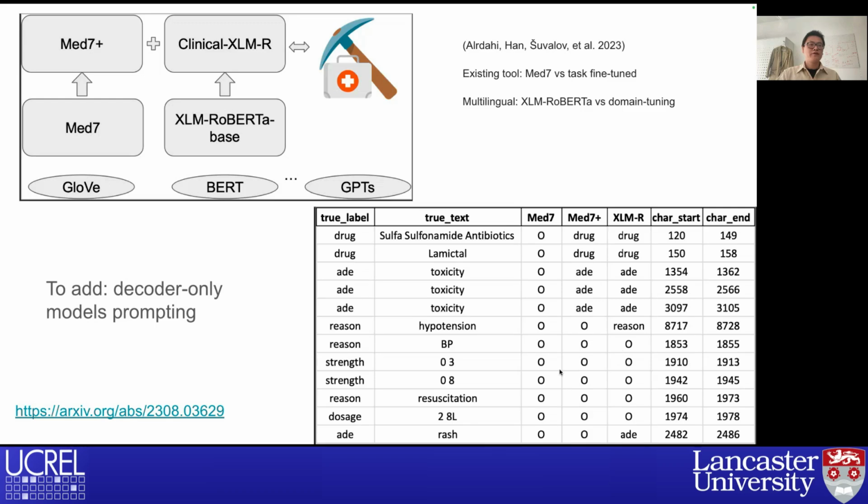You will see, for example, Med7 labels reason, that is context. Actually, it is drug and ADE, adverse drug effects, and for some reason the plain model cannot do it at all. But after fine-tuning, it does a really pretty good job. And we actually share this fine-tuning code and people can use it. And we share the fine-tuned model as well.